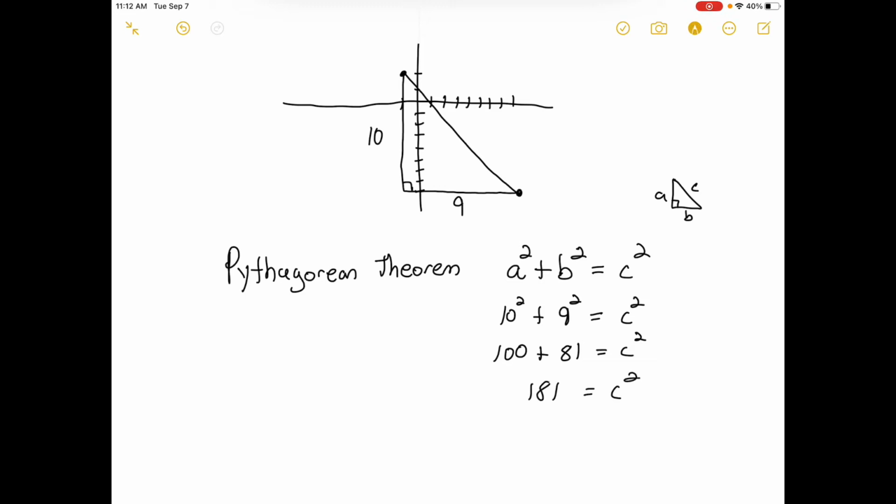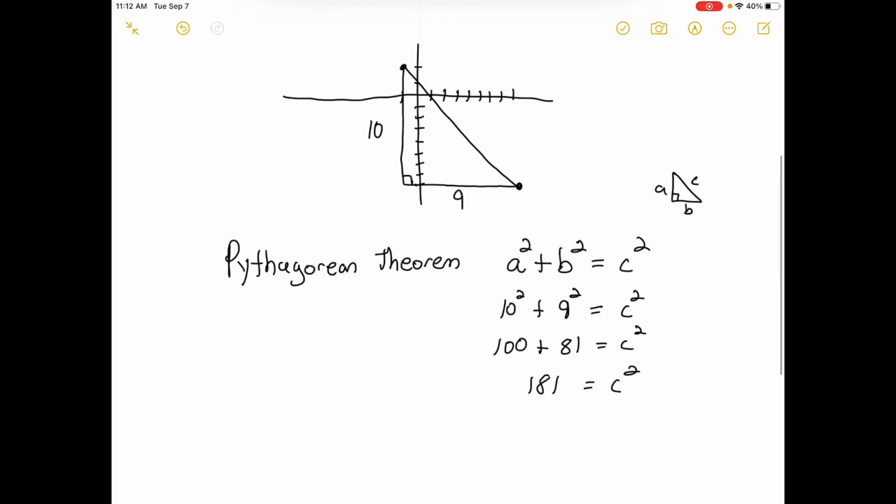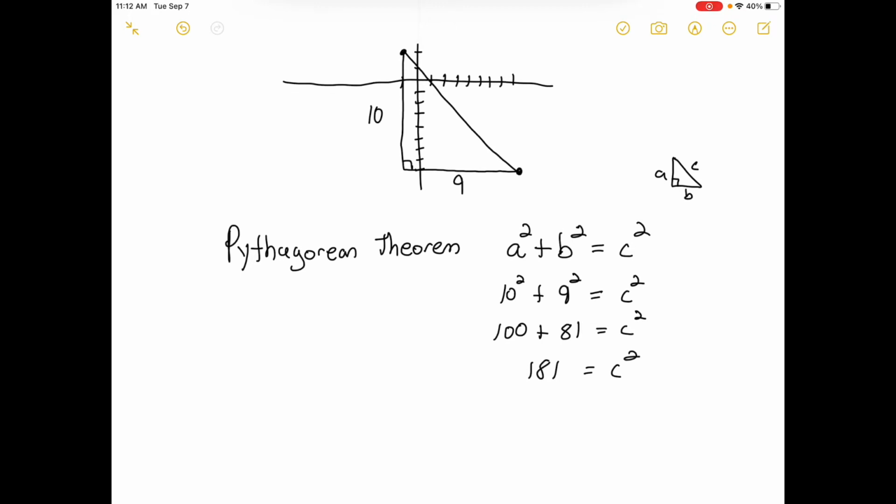Okay, so when we get to this part, we've got our hypotenuse squared, which is 181. I need my hypotenuse, or c. So if I want to get c from c squared, we just take the square root, or square root both sides. So square root of c squared is c.